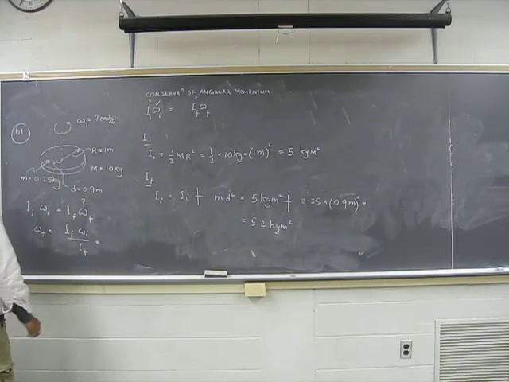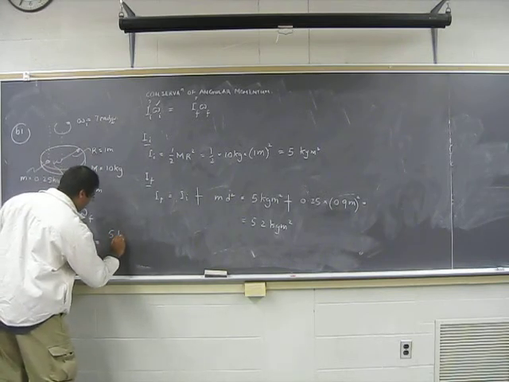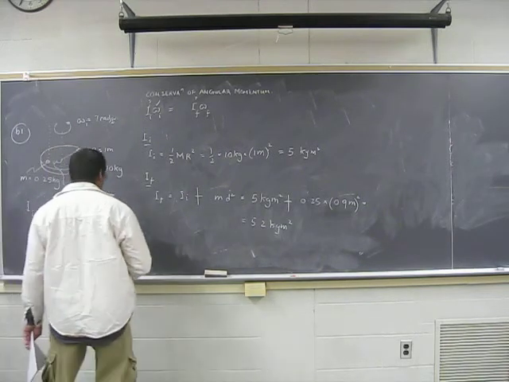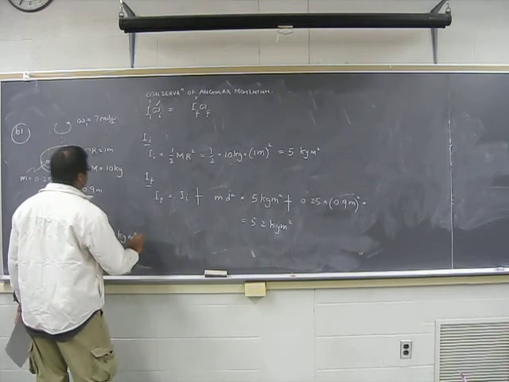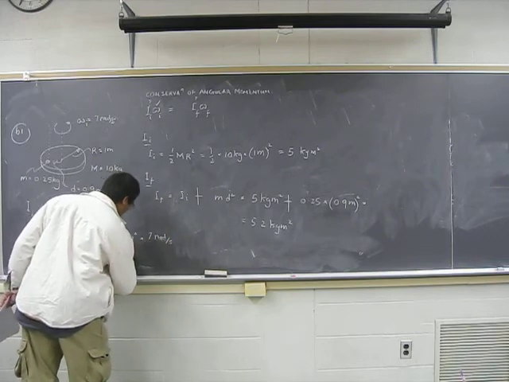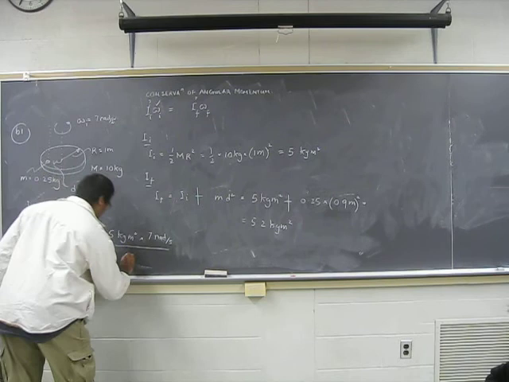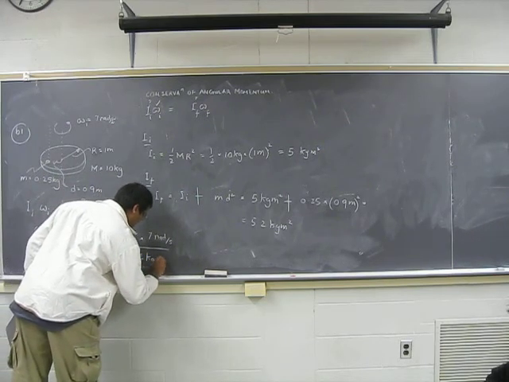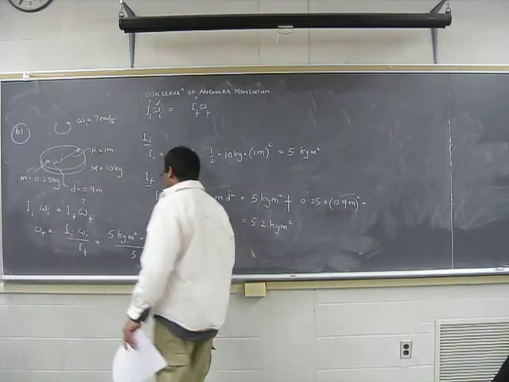Let's substitute. The initial moment of inertia is 5 kilograms meter squared, the angular velocity is 7 radians per second, and the final moment of inertia is 5.2 kilograms meter squared. Find me, what do you get?